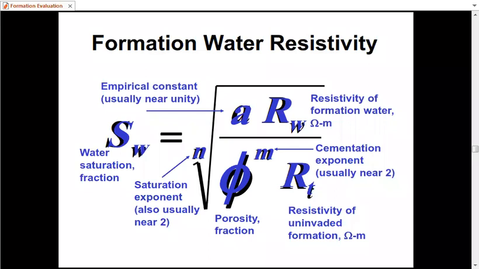This equation is used to calculate the water saturation using some constant factors, and also using the water resistivity, or resistivity of formation water in ohm meter, and also the resistivity of uninvaded formation in ohm meter, and using the porosity and the cementation exponent usually near 2, and also the empirical constant usually near unity, and also the saturation exponent, also usually near 2.